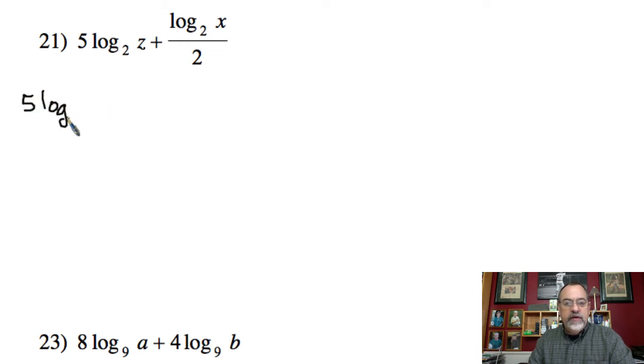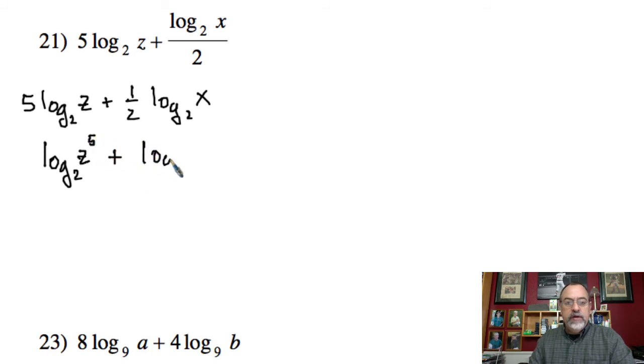So this is going to be 5 log base 2 of z plus 1/2 log base 2 of x. Now we have powers in front, so this is going to be log base 2 of z to the 5th, and log base 2 of x to the 1/2. Because it's plus, we're going to multiply these together.